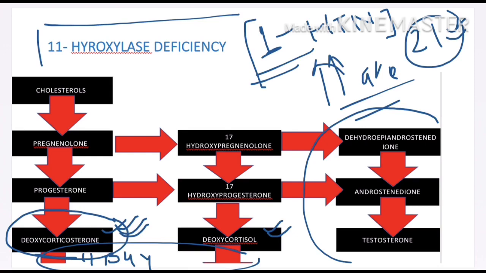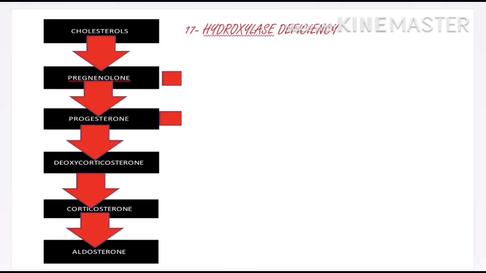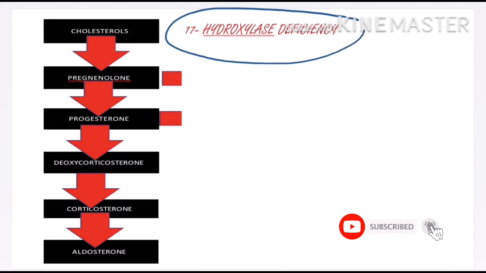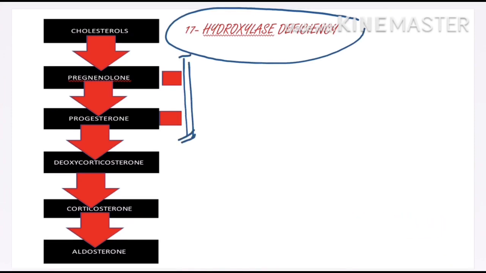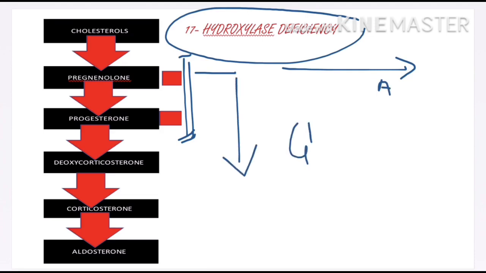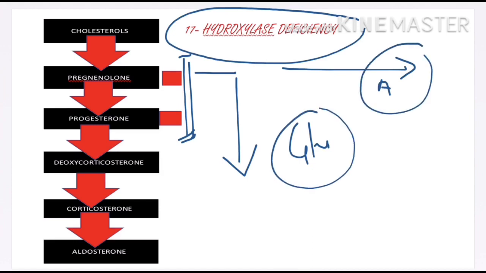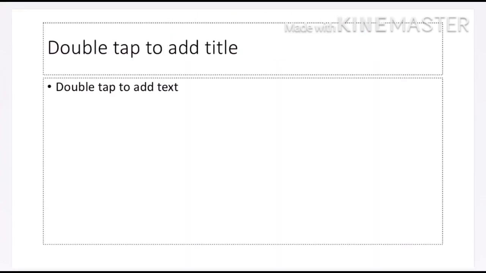Okay, and now we have 17 hydroxylase deficiency. So here we have 17 hydroxylase enzyme is here, so there is no pathway for androgen and no pathway for glucocorticoid synthesis. So you can tell me what are the manifestations.